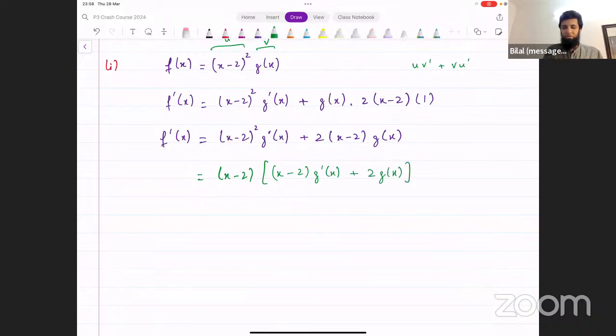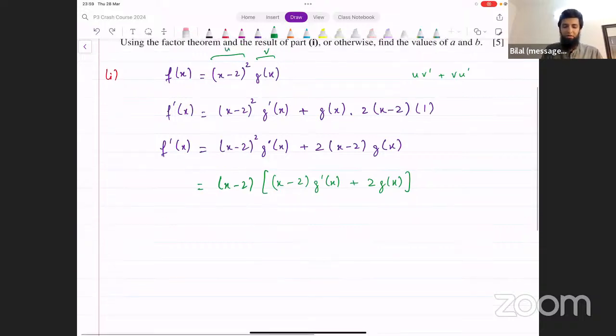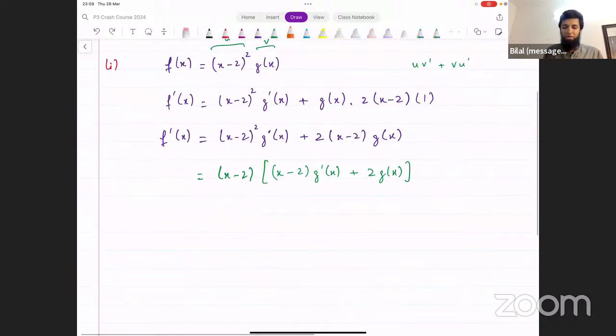Now, since x minus 2 is coming out common outside, that means it's a factor, right? It's a product like this. This is the factorized form of f dash of x. X minus 2 is a factor. This could be one way of showing this, by just taking this common like this, and you say this is the factor.